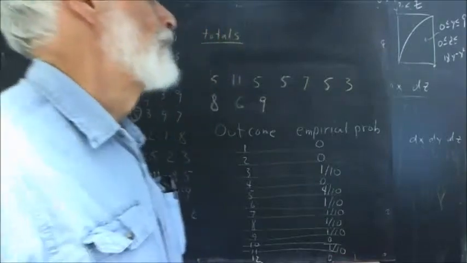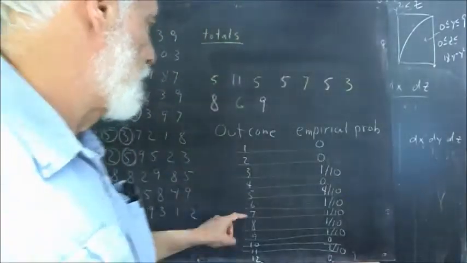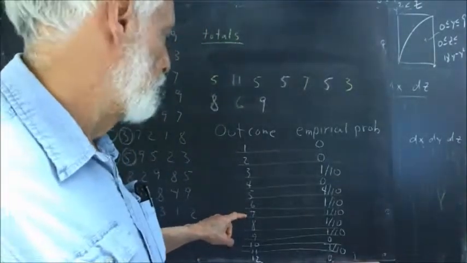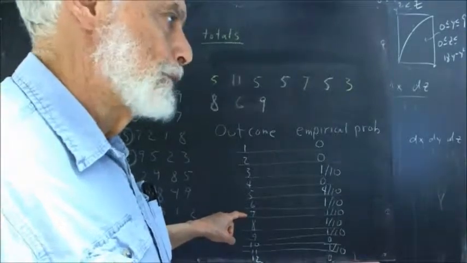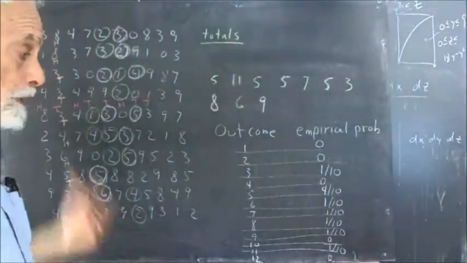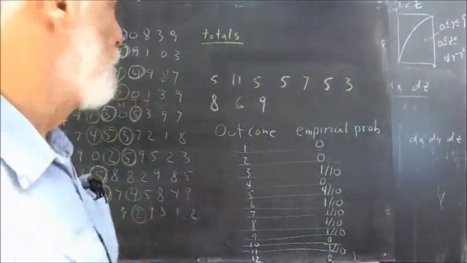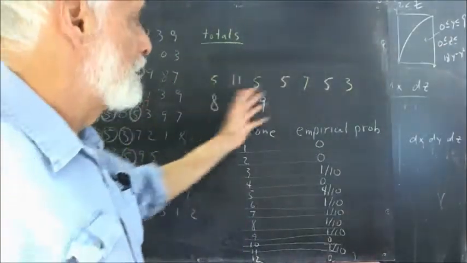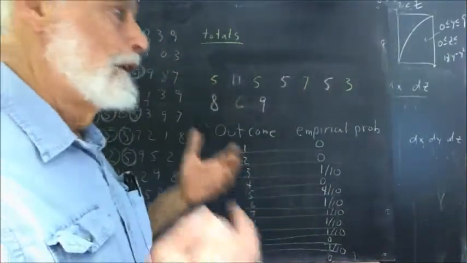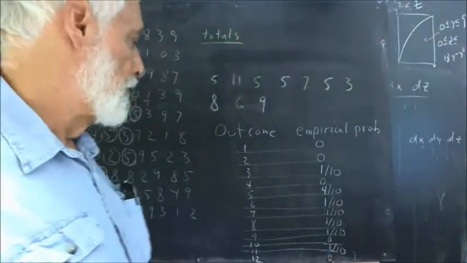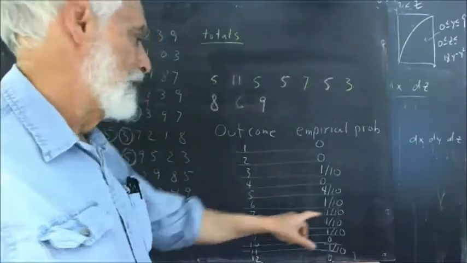Now we know that the probability of getting a 7 should be higher than the probability of anything else, because there are 6 ways the two numbers could total up to 7. It just happens in this sample of 10 simulated rolls of 2 dice, we only got 7 once.